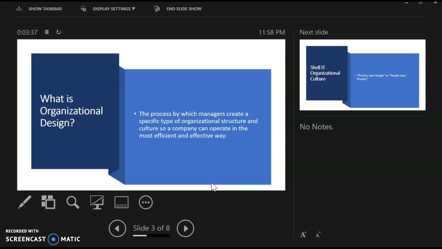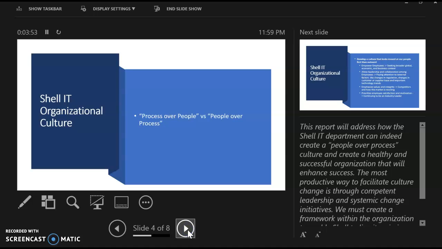What is organization design? The process in which managers create a specific type of organization structure and a culture so a company can operate in the most efficient and effective way. We like to say that at Shell, we see people over process, versus process over people.